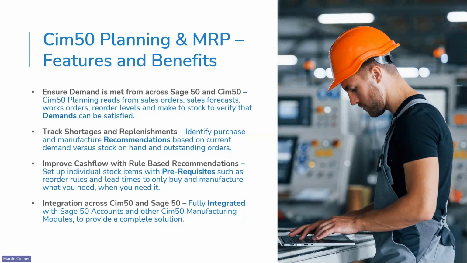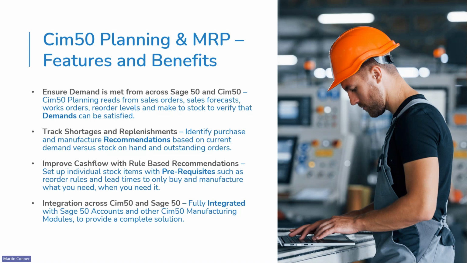And those demands could be sales from Sage, or sales forecasts within Cim50, so we can feed a forecast into Cim50. Maybe something that's seasonal, where you want to make sure that you've got sufficient stock for when those orders arrive, and the system can net off sales orders for you against that forecast.